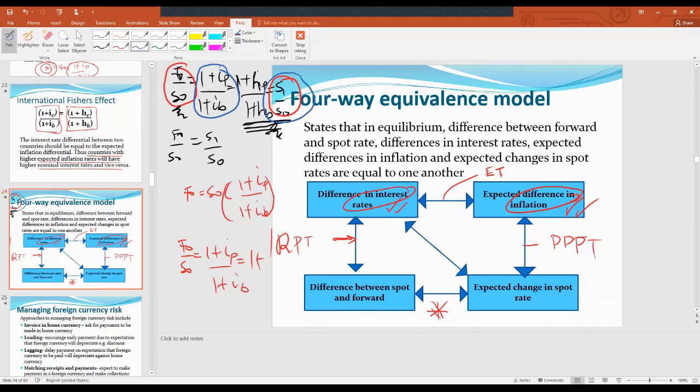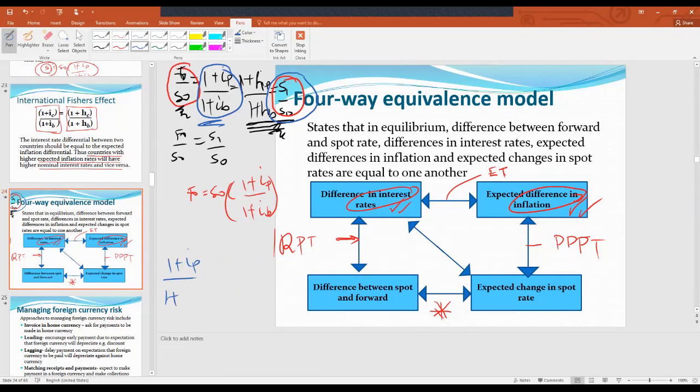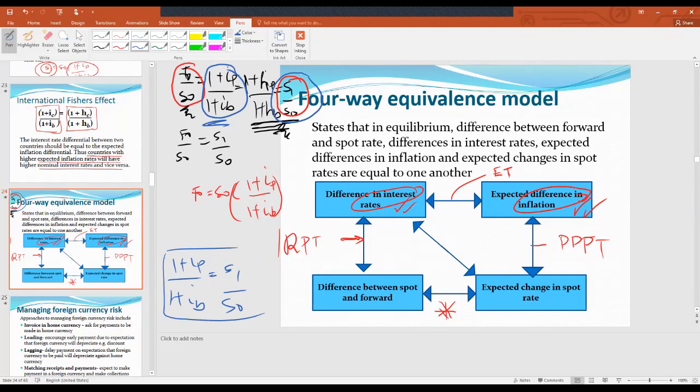That is, 1 plus the interest rate in the price currency over 1 plus the interest rate in the base currency is equal to the change in the current spot rate and the future spot rate, which I have here. The change in the spot rate here is equal to the interest differential in the two countries, which I have here.